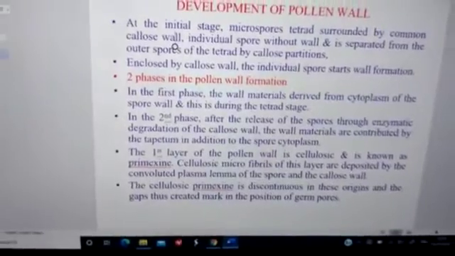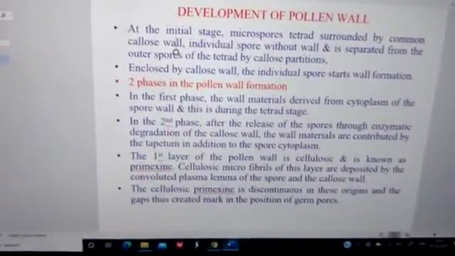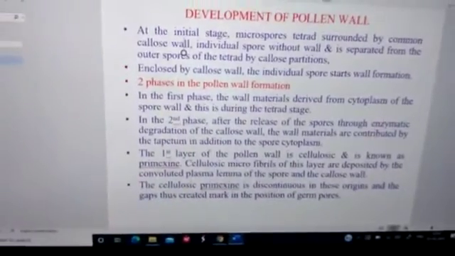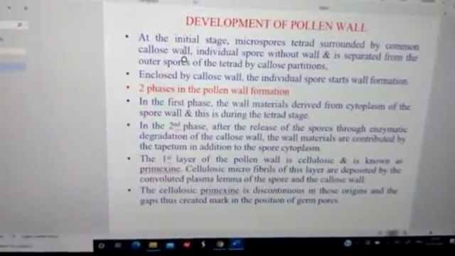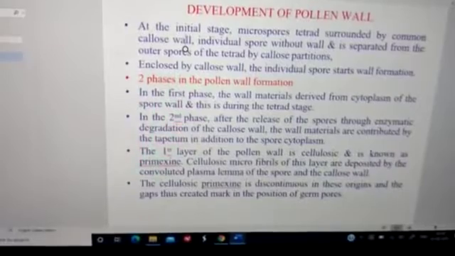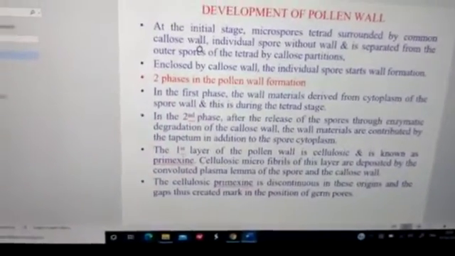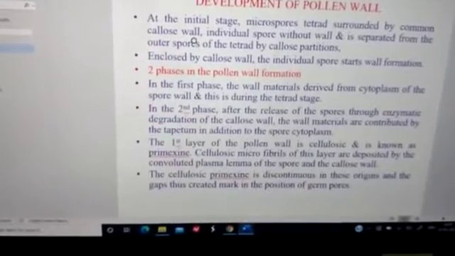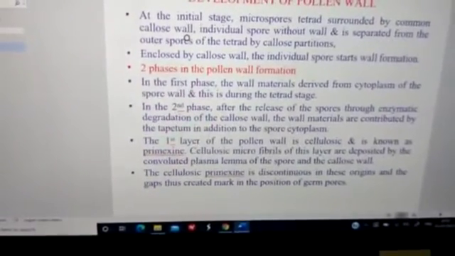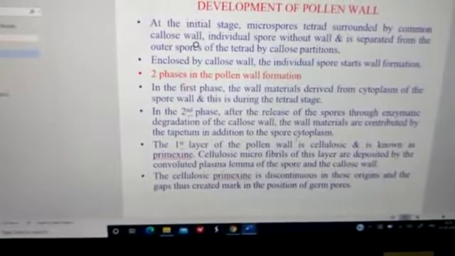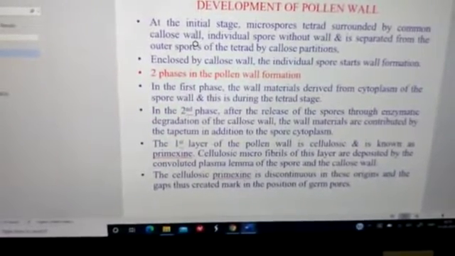Two phases occur in the formation of the wall. In the first phase, the wall material is derived from the cytoplasm of the spore, and this is during the tetrad stage. In the second phase, after the release of the spores through the enzymatic degradation of the callosic wall, the wall materials are contributed by the tapetum in addition to the spore cytoplasm.